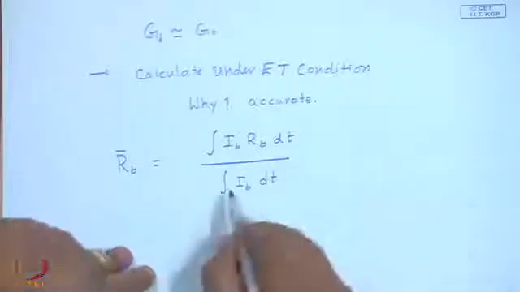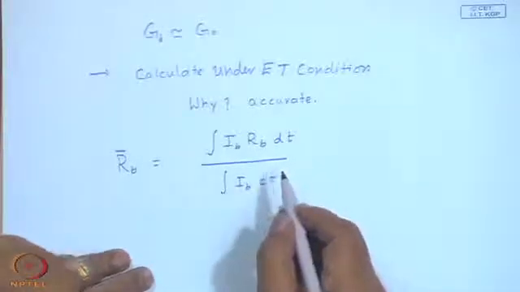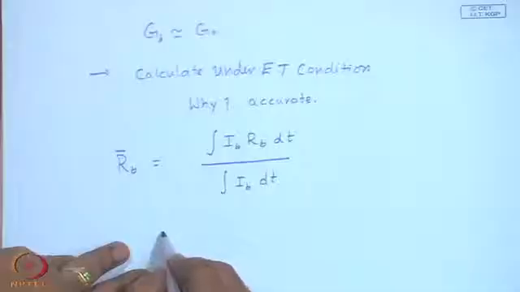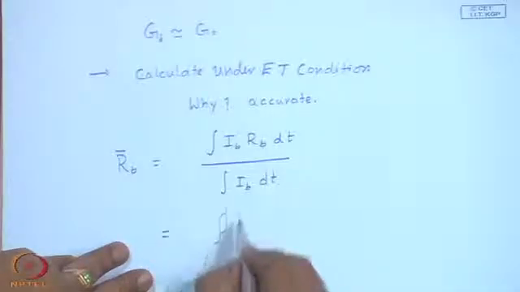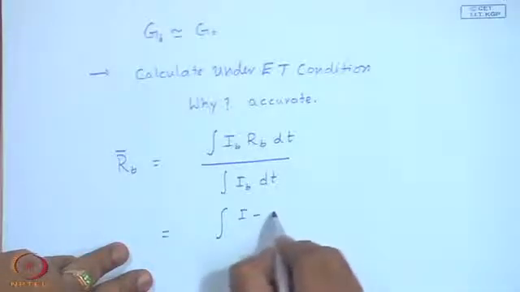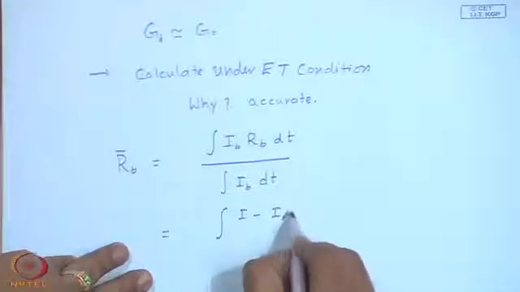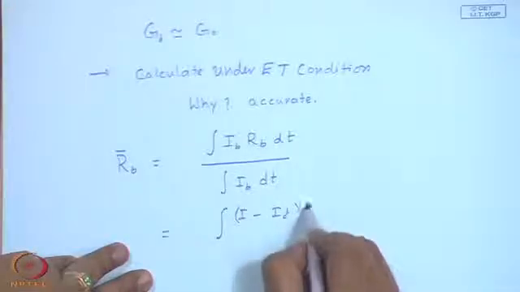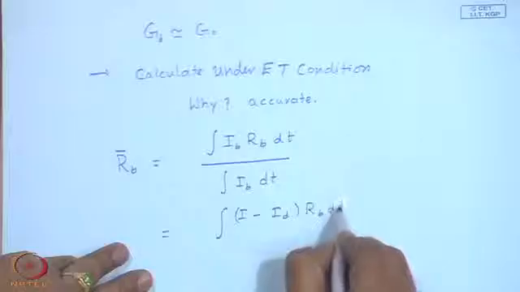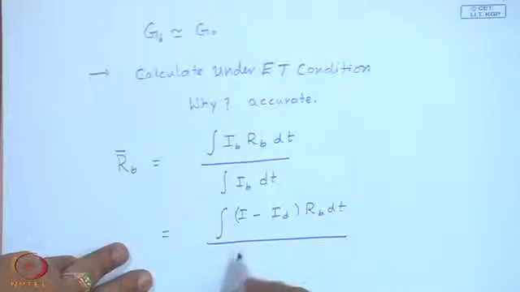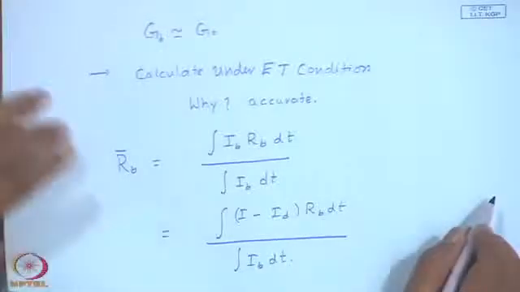Limits are unimportant for the argument that is going to follow. So, this is I minus I d R B d t by integral of I d t.